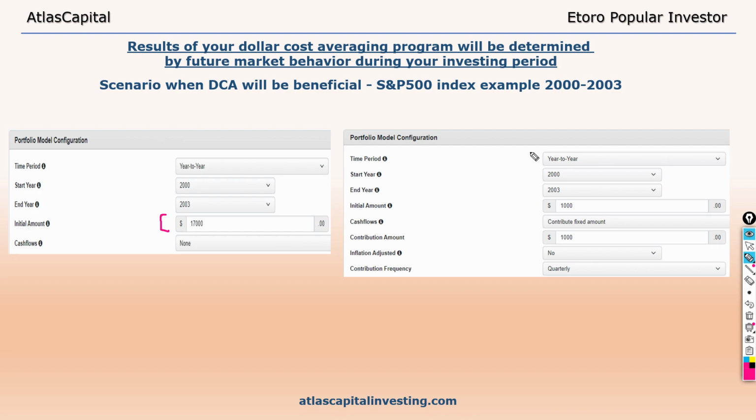And the second portfolio, which I call the dollar cost averaging approach, we will contribute 1,000 on a quarterly basis, and the initial amount will be 1,000. So during 4 years, it will give us the same 17,000.